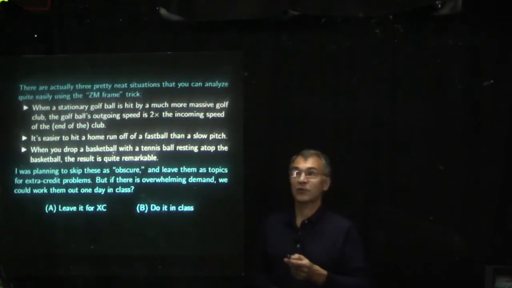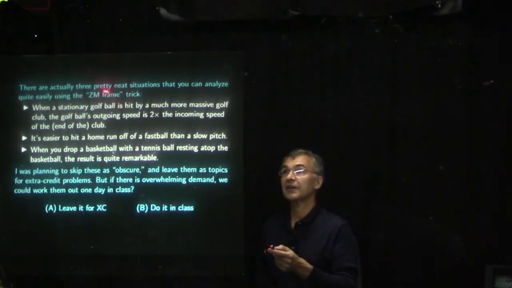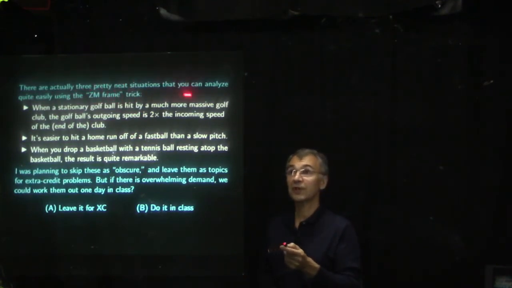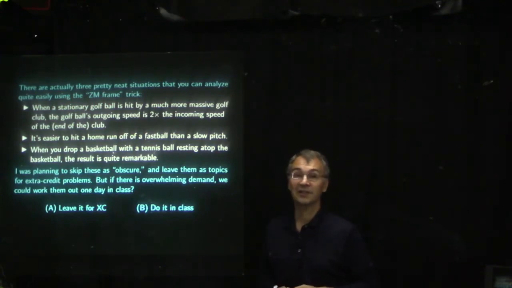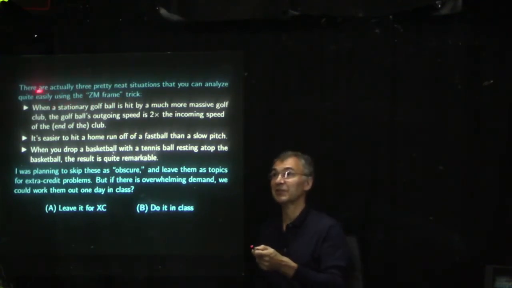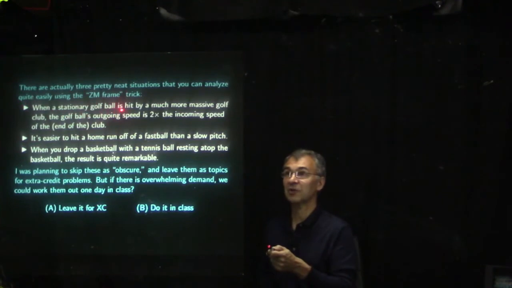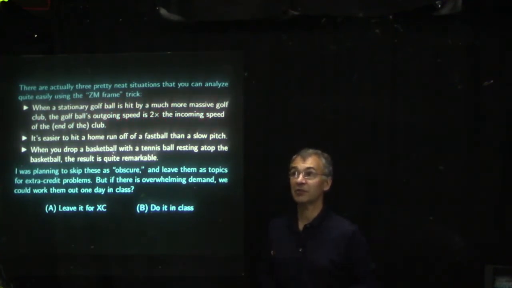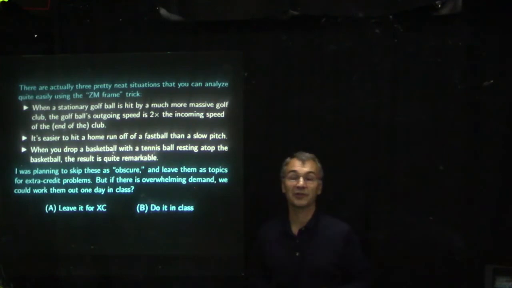Okay, so again, there actually are 3 pretty cool situations you can analyze easily using this zero momentum frame trick. The first such problem is when a stationary golf ball is hit by a much more massive golf club. The golf ball's outgoing speed is 2 times the incoming speed of the end of the golf club.